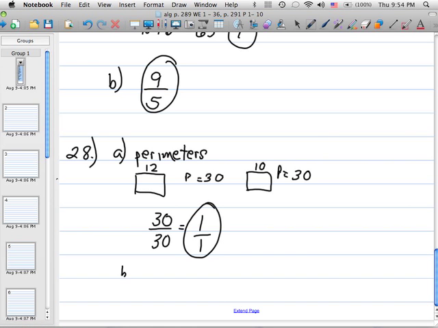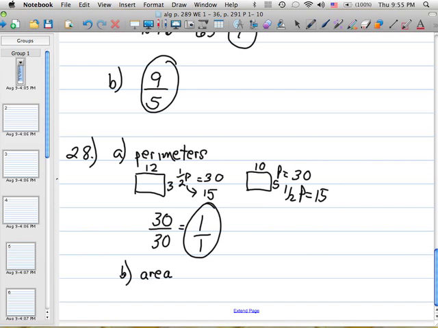And then Part B, the areas. Well, we have to find the widths to get the areas. So if the perimeter is 30, half the perimeter would equal 15. So if I have 12 for this rectangle, then its width would be 3. And half of this perimeter is 15. So if this is 10, this must be 5, half the perimeter.